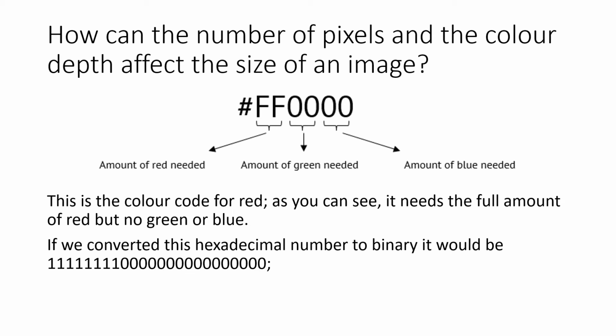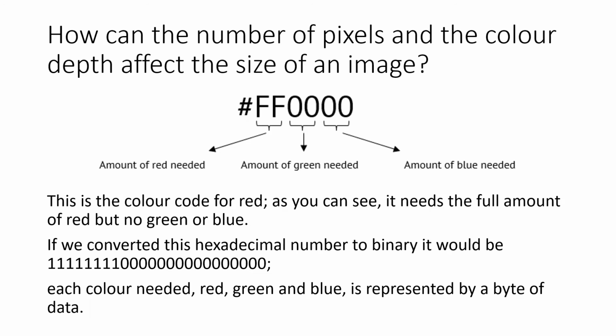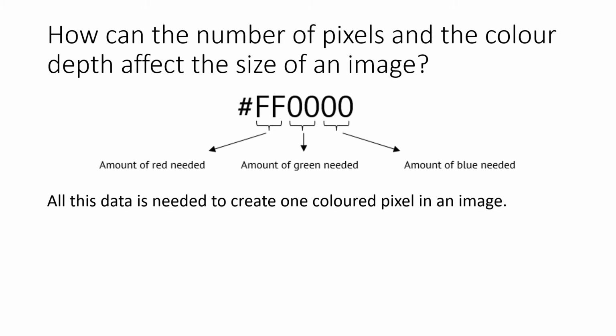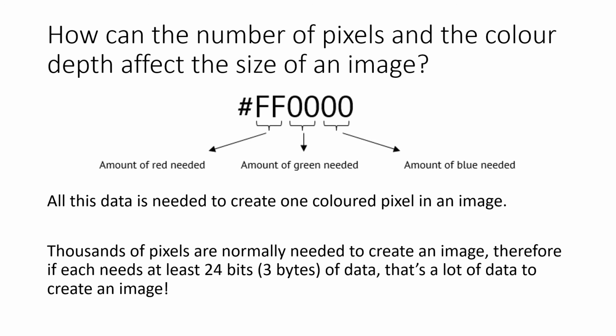And remember, if you use 8 bits, you're using 1 byte to represent each of those colors. So looking at this one here, 3 bytes are used to represent that color, or 24 bits. So think about that. All of that data just gets you 1 pixel, and you need thousands of pixels in an image, and they need at least 3 bytes of data. So that's a lot of data to create an image.